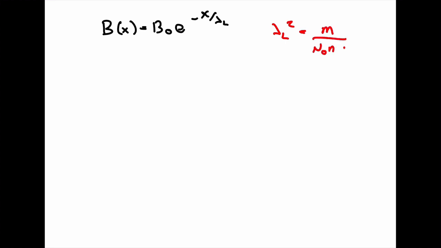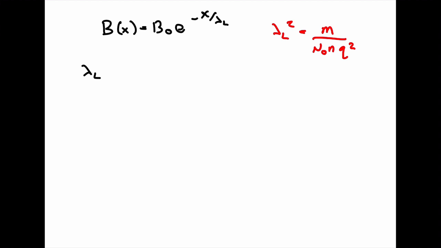Right, let me just explore the implications of that. So I will just write out that solution again. We said that B of x is equal to B naught e to the minus x over lambda L, and that lambda L squared is equal to m over mu naught n q squared.